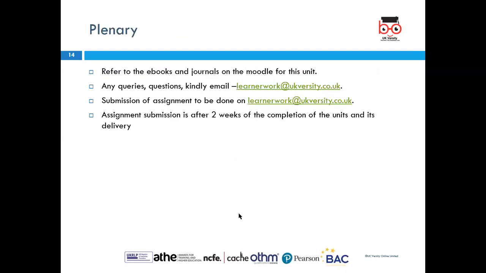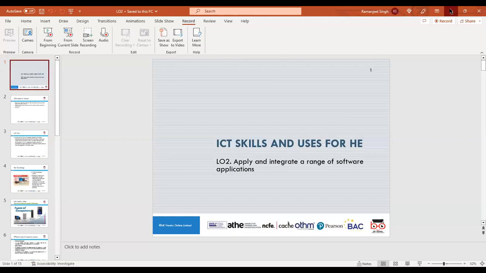So this was pretty much what we need to know in how to integrate a range of software application. Most of our computers come with predefined applications, but there are loads more applications that can be downloaded online, such as Zoom, which is one of the apps that we are already using right now.